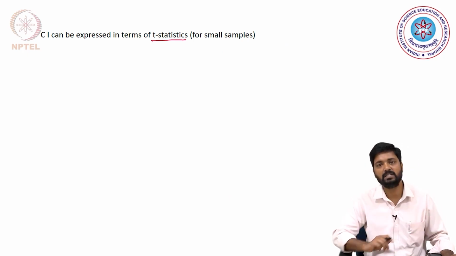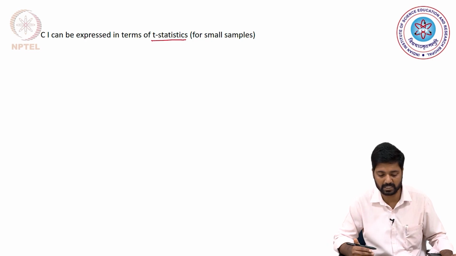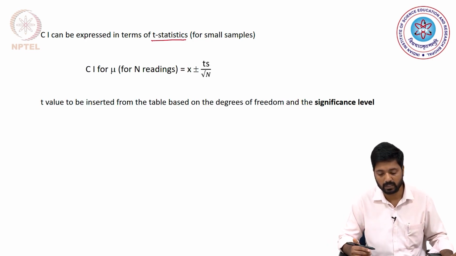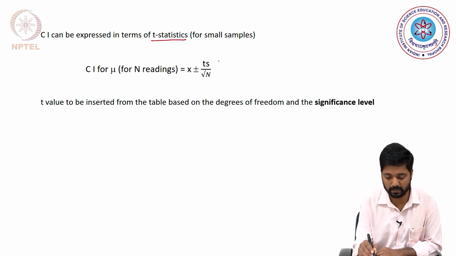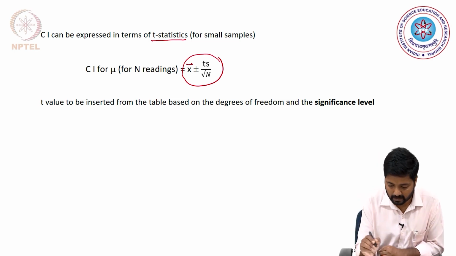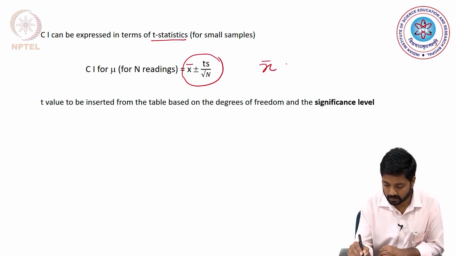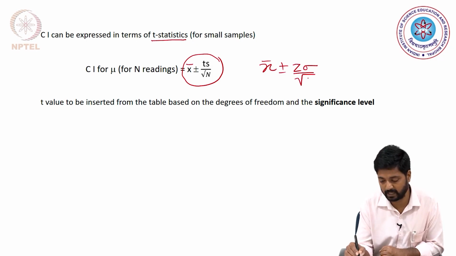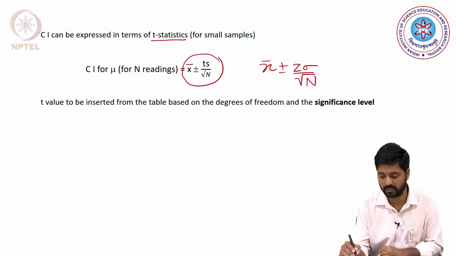So, T statistics is quite similar to the Z statistics. If I look at the confidence interval, the same can be expressed very similarly. Just to recollect, it was x bar plus minus z sigma by root n when we were dealing with the z statistics.